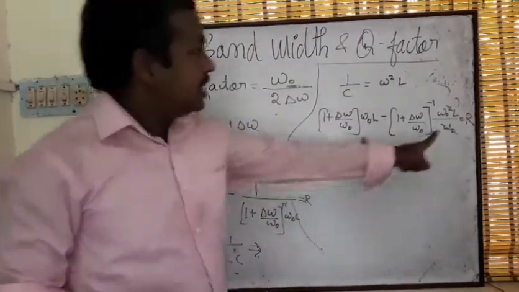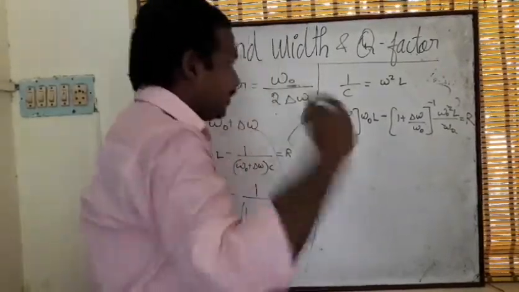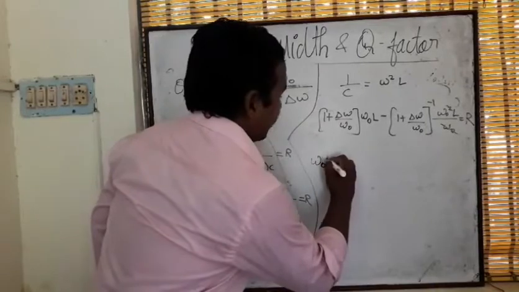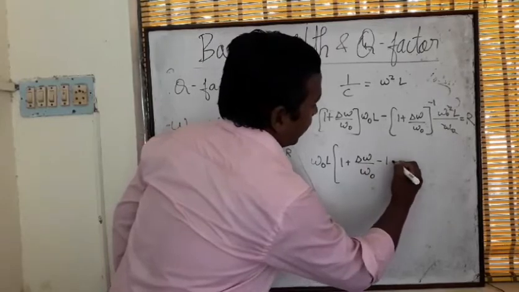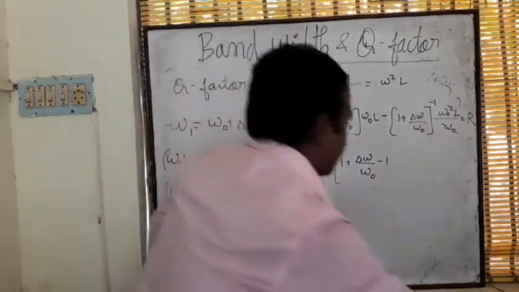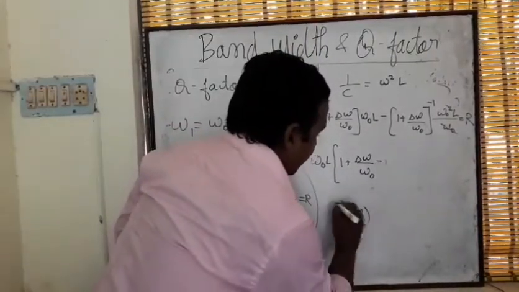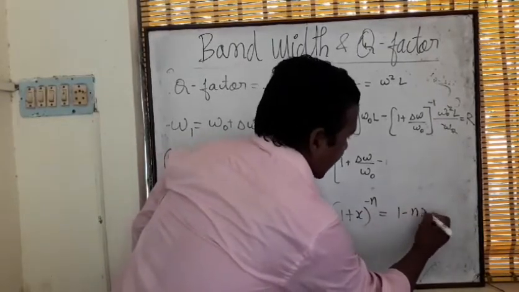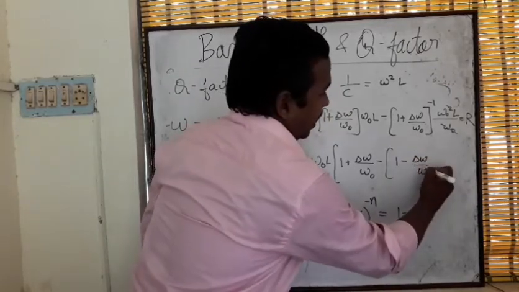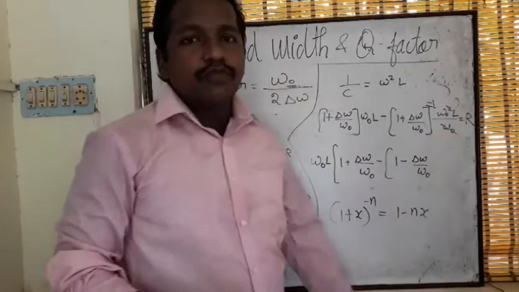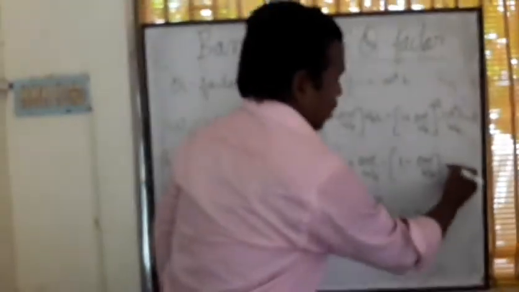In this equation omega naught is common, so I am going to take it outside. Omega naught times L is equal to 1 plus del omega by omega naught minus 1 plus del omega by omega naught to the power minus 1. Before that, you have to take it as a binomial expansion: 1 plus x to the power minus n can be taken as 1 minus nx. That means this changes to 1 minus del omega by omega naught. Instead of this minus power, I am writing this expansion formula, so plus changes to minus, into L omega naught.